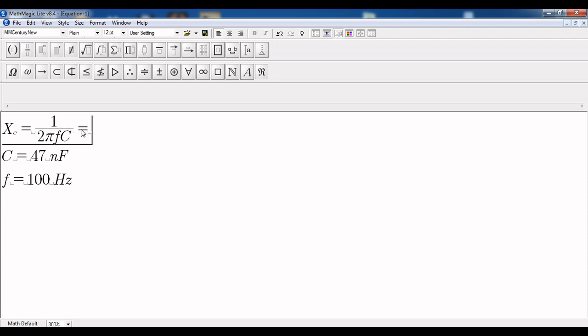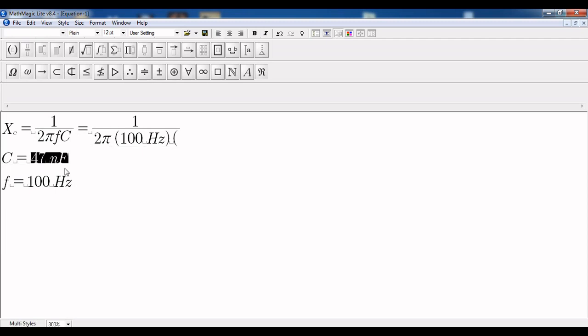It's equal to 1 over 2 pi FC. Let's just delete F and C. So 100 Hz again, multiplied by the 47 nanofarad. No, not there.